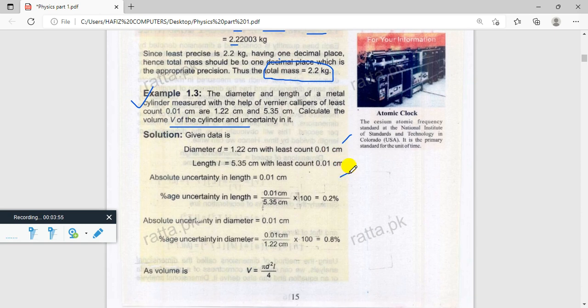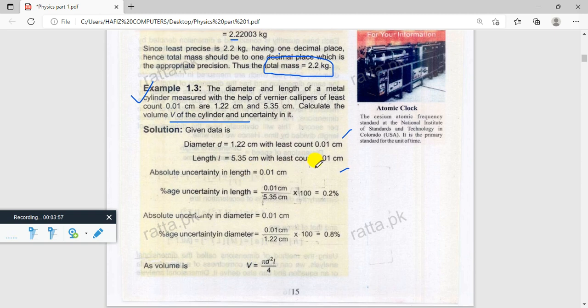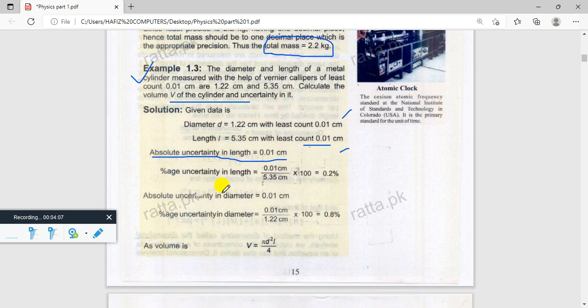For length, the least count is actually equal to the absolute uncertainty, as we saw in our previous video. How will we get the percentage uncertainty? When we divide this uncertainty by the given length 5.35 and multiply by 100, we get 0.2%.